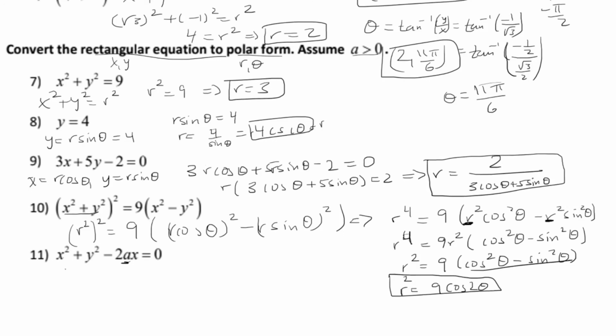Okay, last one, number 11. I see here it's x squared plus y squared. So immediately you put r squared. And then we have 2a, and x is r cosine theta. Okay, so here I want to solve for r. So it's a little tricky here.